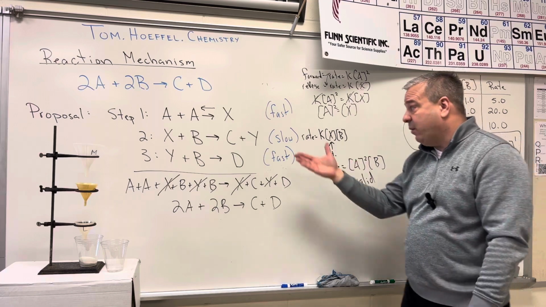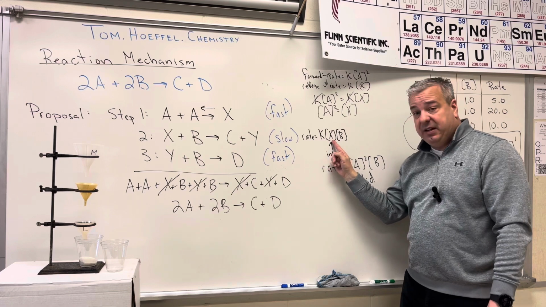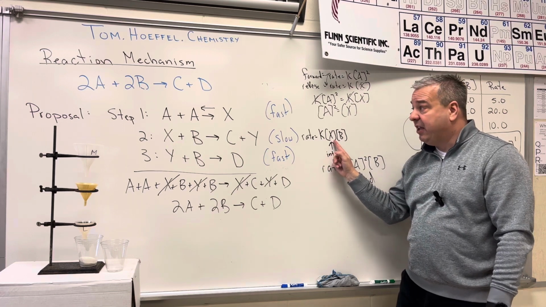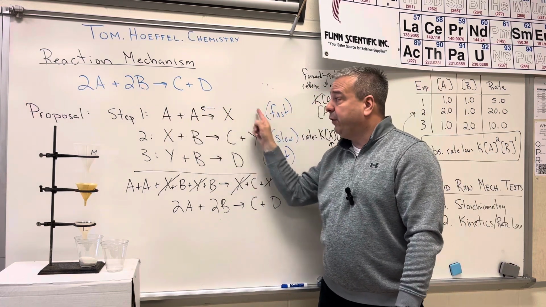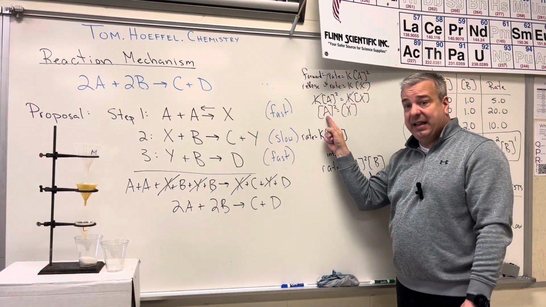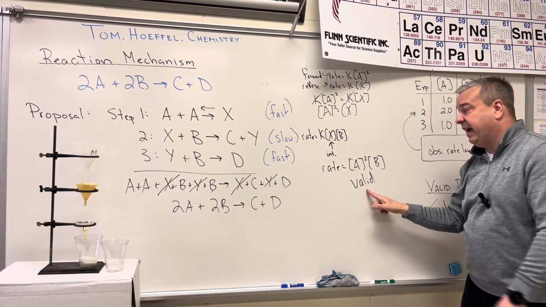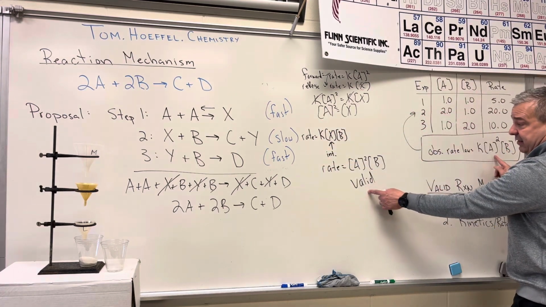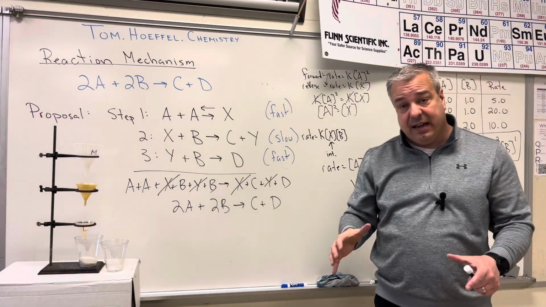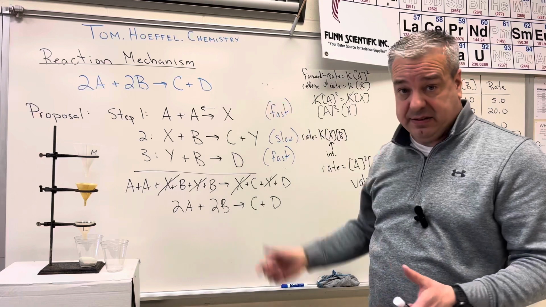So once again, when you have slow step being second, you're probably going to have an intermediate, okay? You have to do the first step in equilibrium and solve for what that intermediate is equal to, sub it into the rate law, okay? And then you check to see if it's valid or not. And if it is, we say that this is a valid chemical reaction mechanism, okay?